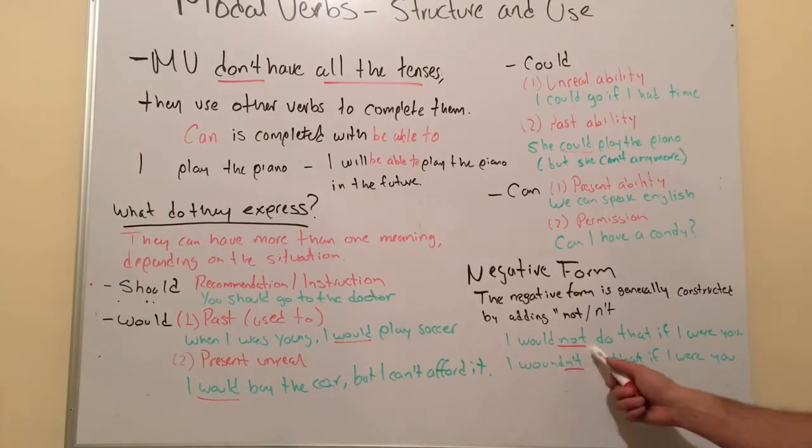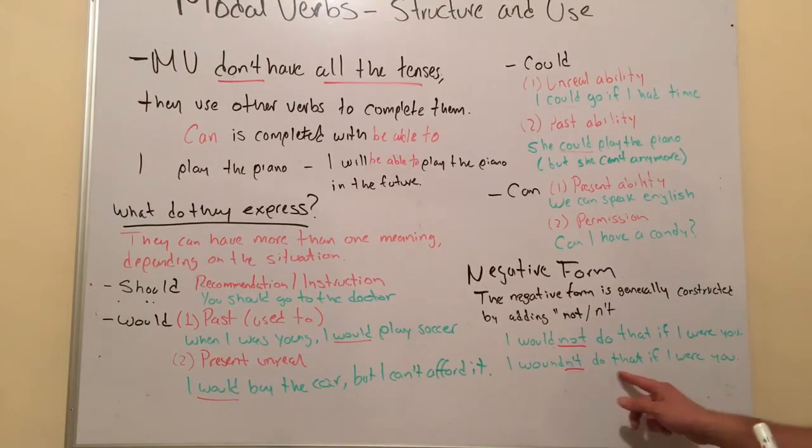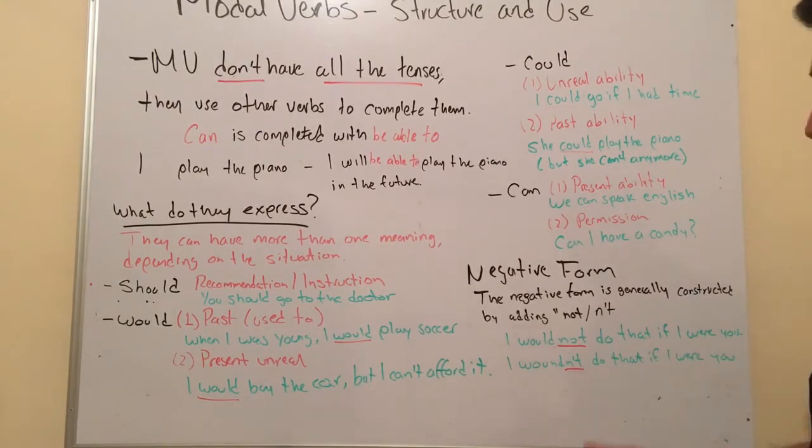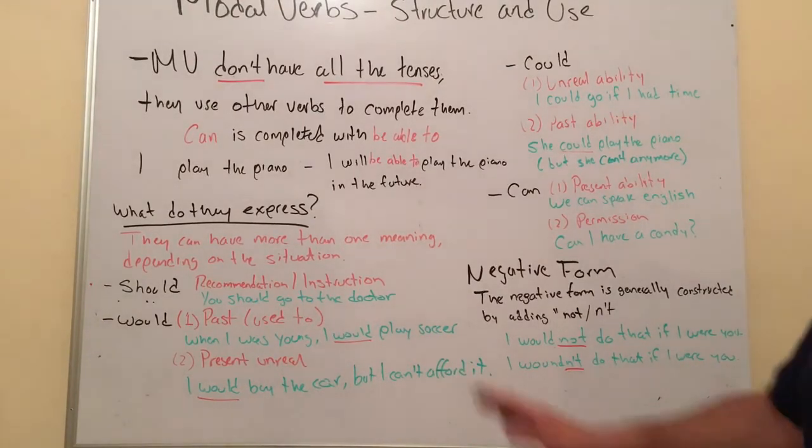I would not do that if I were you. I wouldn't do that if I were you. It's the same thing. You could use not, or you could use the contraction n't, and it has the same meaning.